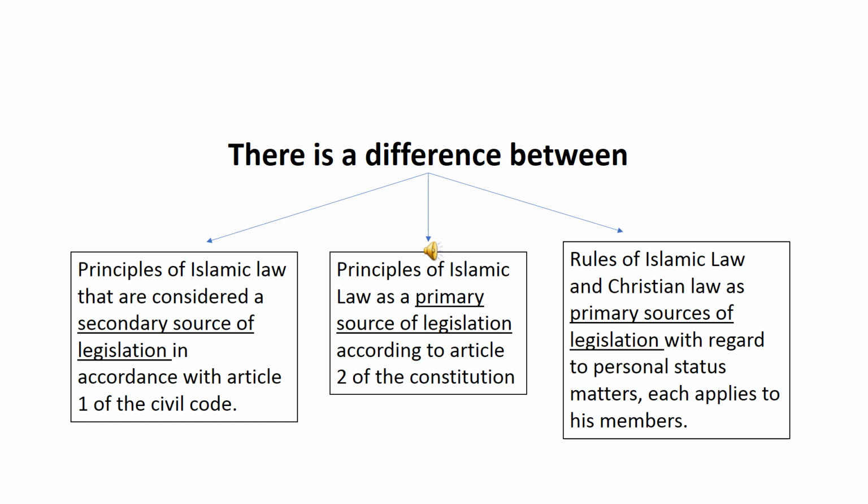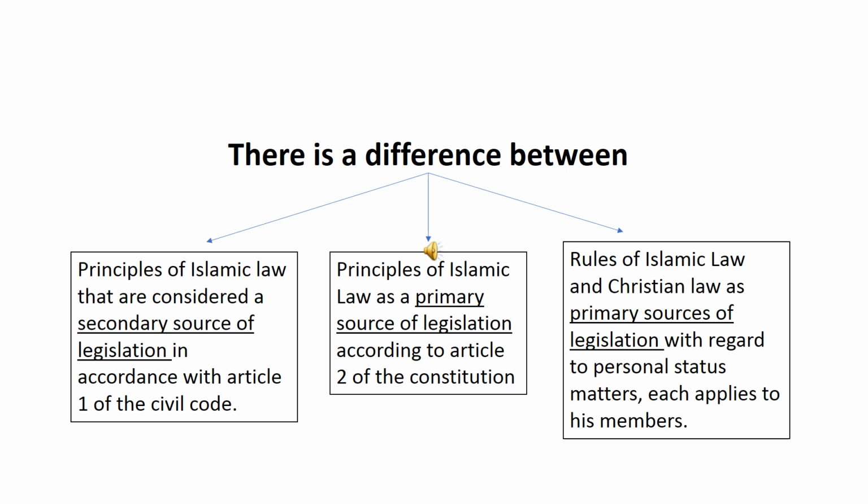So again, to resume, the judge, when he applies the law, refers to the principles of Islamic law as a secondary source, while the legislator, the House of Representatives, when enacting legislation, considers it a primary source that he cannot breach or violate under any circumstances.